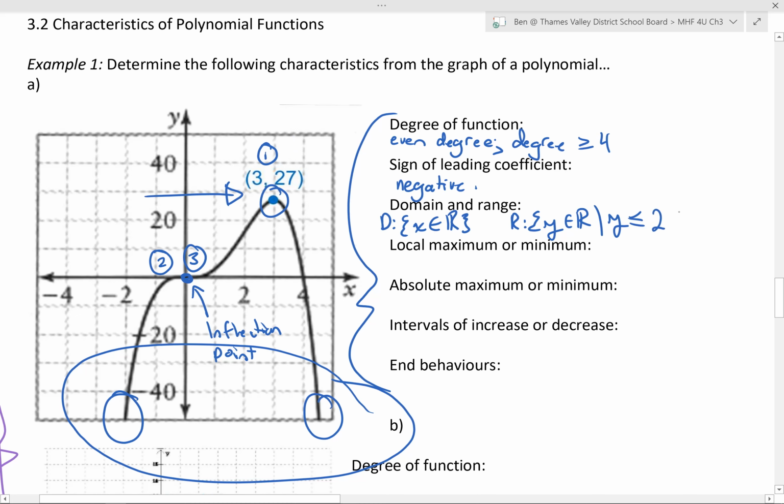Now, local maximums or minimums. Okay, well, what I see over here, again, is an inflection point. It's not a turning point. Because of that, it's not going to give us a local maximum or a minimum. Here we have a local maximum only at the one turning point. That's at (3, 27). So we are going to have, at (3, 27), every single turning point will give us a local maximum or a minimum.